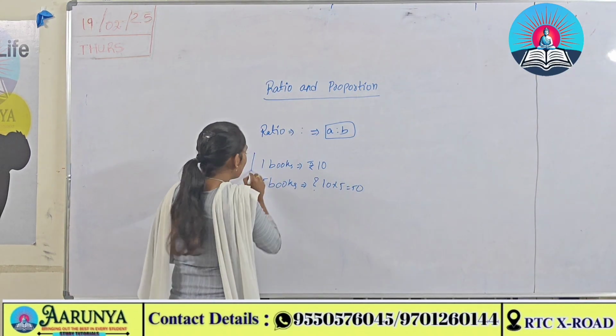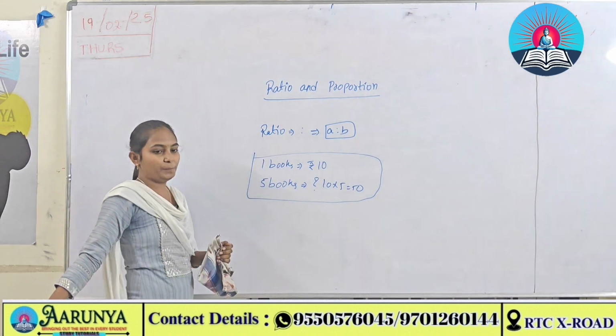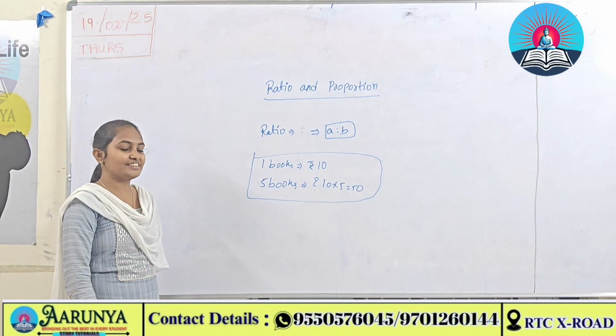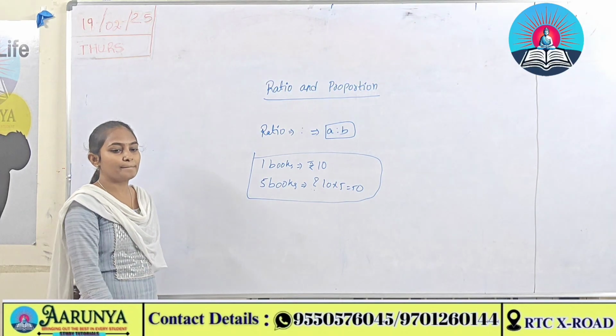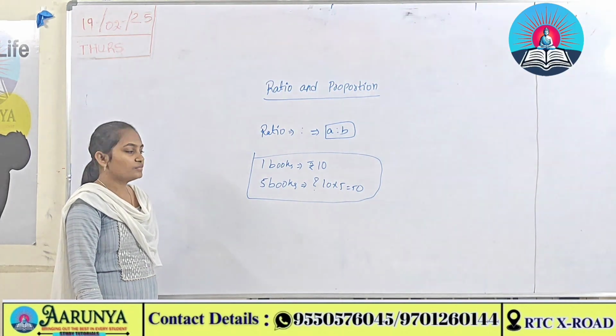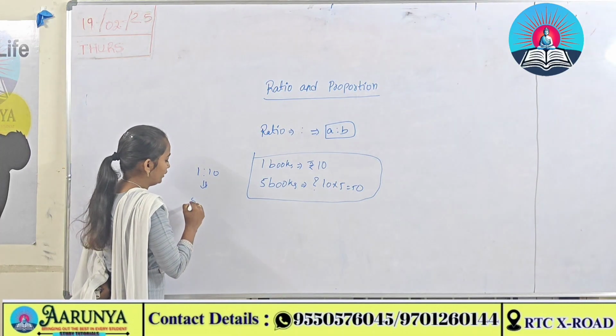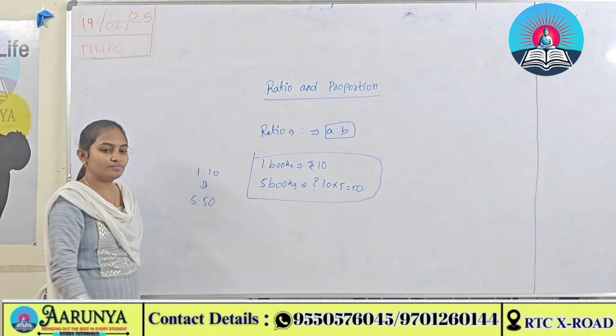Can we write this into proportion form? Can you both guess how we can write this in proportion form? See, 1 is to 10 is equal to 5 is to 50, right?